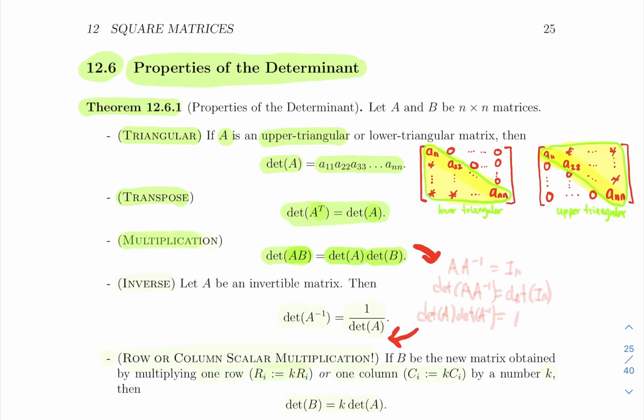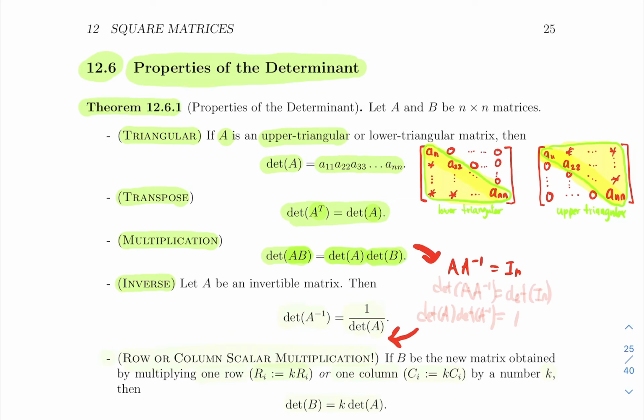So that's for multiplication. For the inverse, it's not really a property. It's more a consequence of the previous one, because if there is an inverse for a matrix, we know that A times A inverse is equal to I_n.